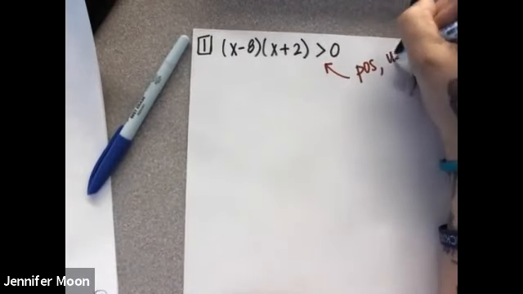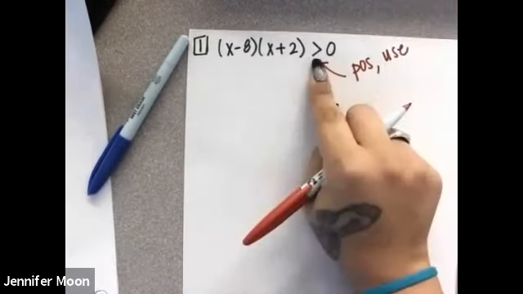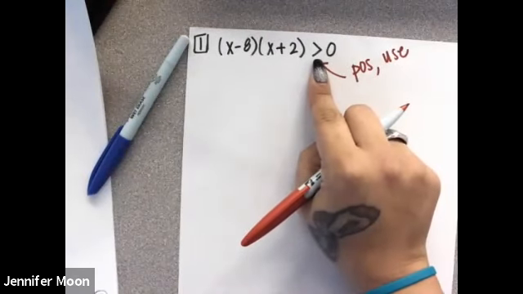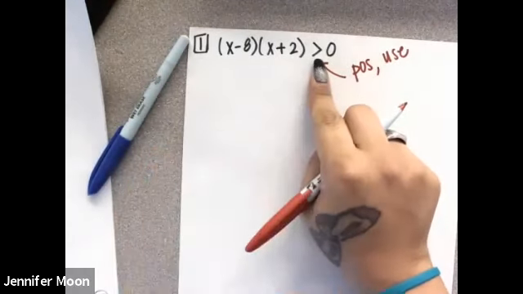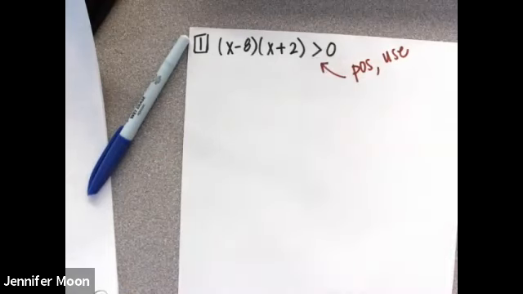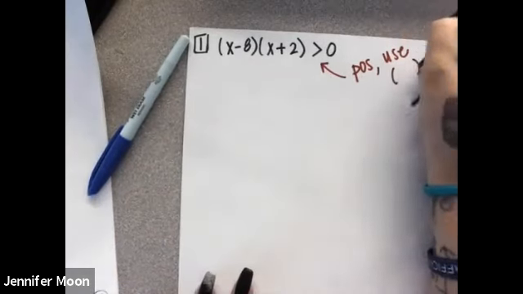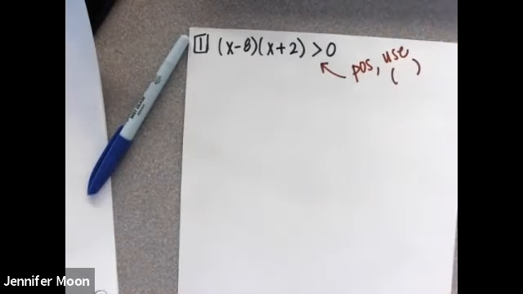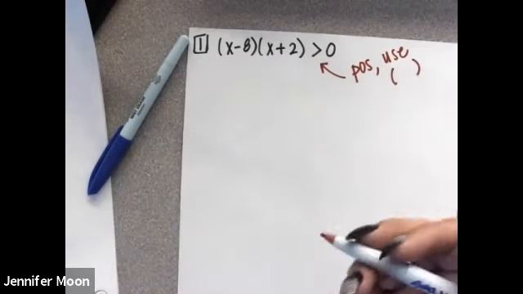Do you also agree that as far as interval notation, if this is our inequality symbol, do we do brackets or parentheses? Parentheses. So that means I'm looking for positive in my interval notation. When I do the interval notation, I'm going to use parentheses.